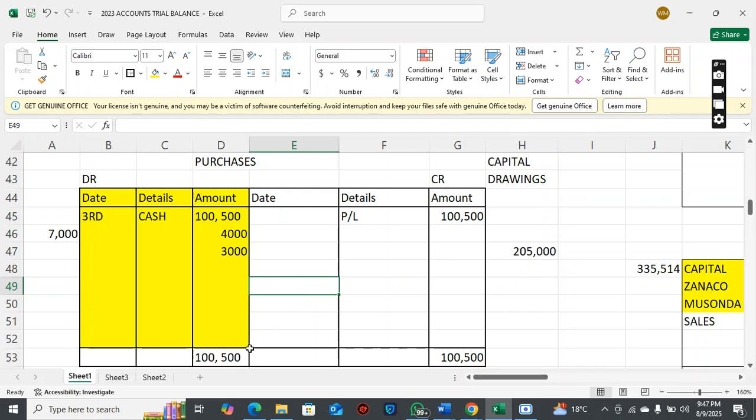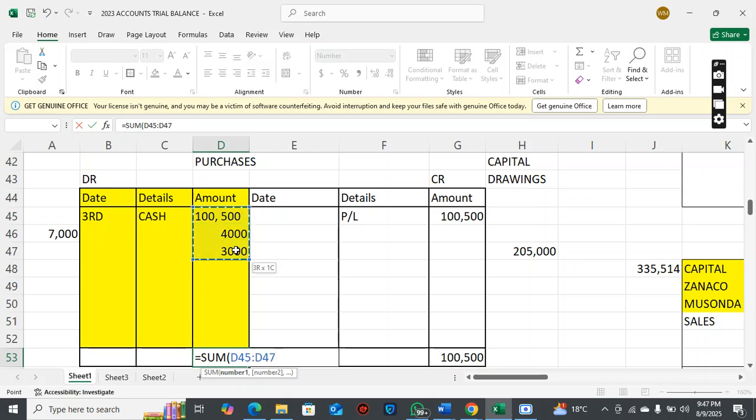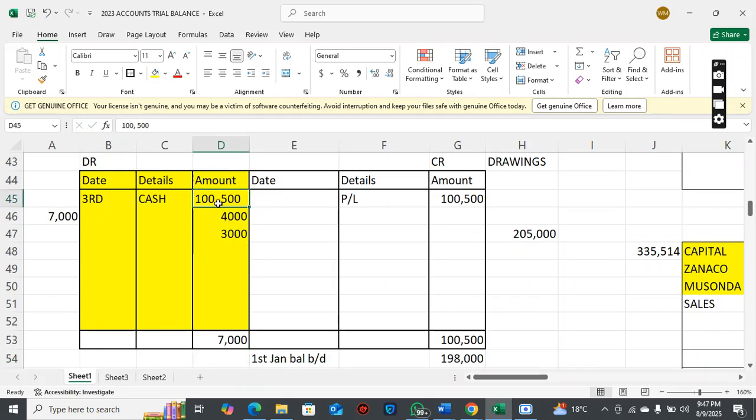If that was the case, you just get the total first, 107,500. Then to make this go to zero, you just credit the same amount, 107,500, and you have set it back to zero.